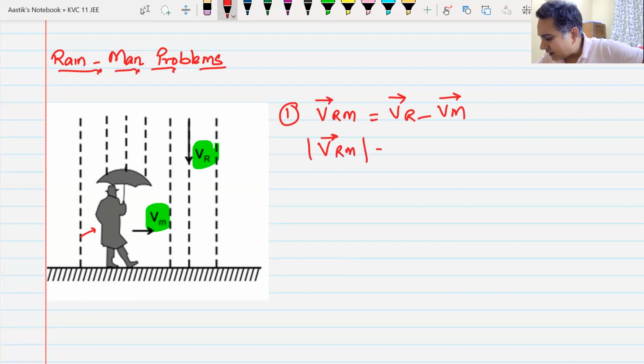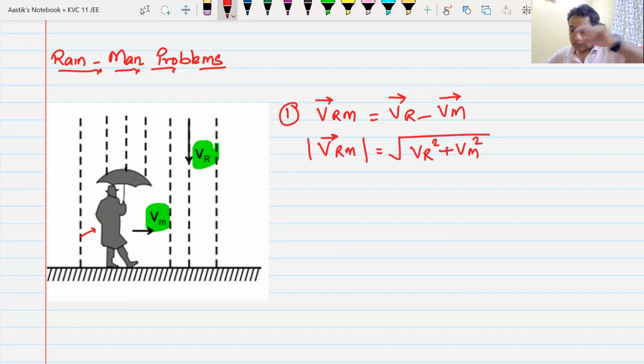If they ask you to find out the magnitude of this velocity, you can find it out as the square root of VR square plus VM square in this particular case, where it is falling vertically downward. If it is not vertically downwards, then the formula changes because it is between two vectors. We have discussed this in the previous class. Yes or no?